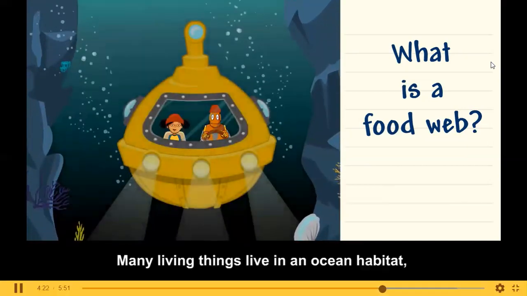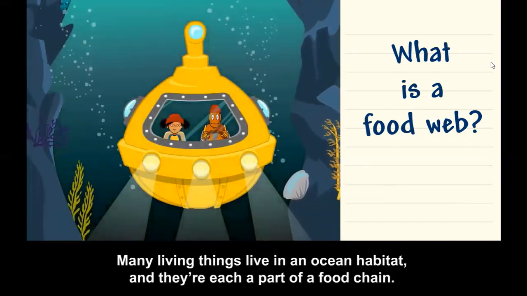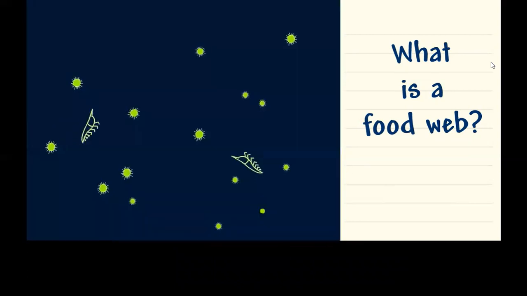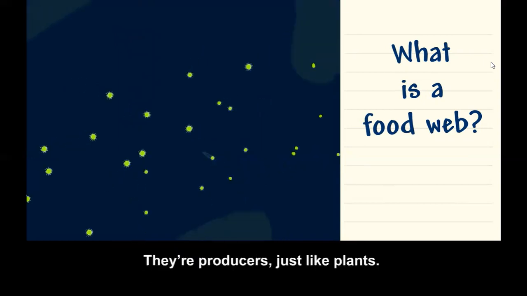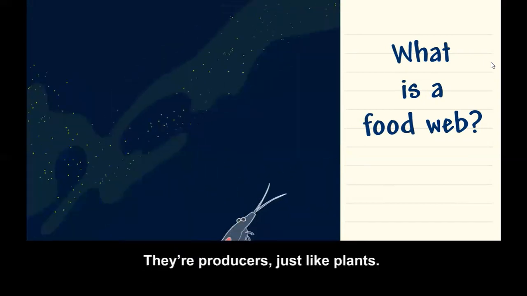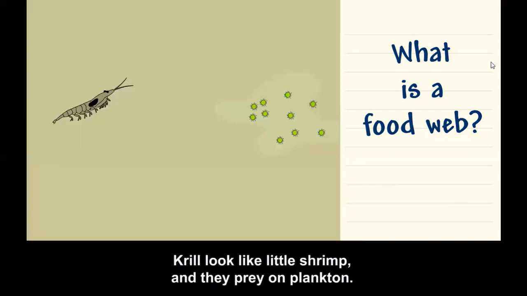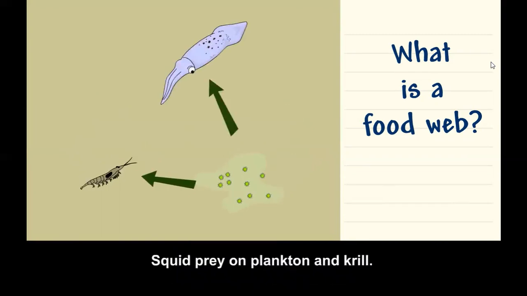Many living things live in an ocean habitat, and they're each a part of a food chain. Plankton are tiny animals that use energy from the sun to grow. They're producers, just like plants. Krill look like little shrimp, and they prey on plankton. Squid prey on plankton and krill.